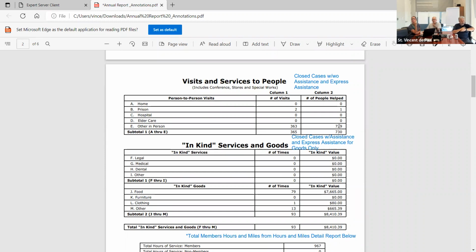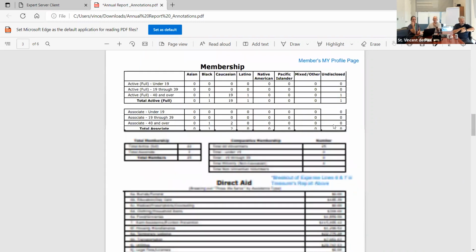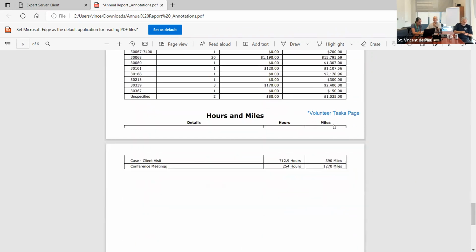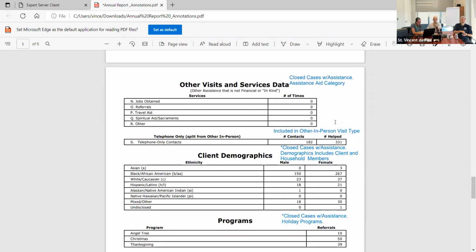Is that right? 729. And I had telephone contacts of 331. And of course, that's wrong. The 331 is inclusive in the 729. This is only a breakout.